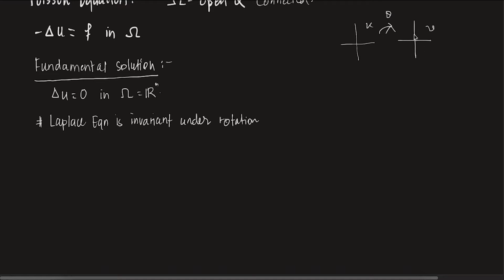You do realize there is a change in the angle theta, but the point is this. For that change, u may get changed to v, but if Laplacian of u equals 0, then in the new coordinates also Laplacian of v will be 0. So basically, if u is harmonic, v is also harmonic under a rotation.